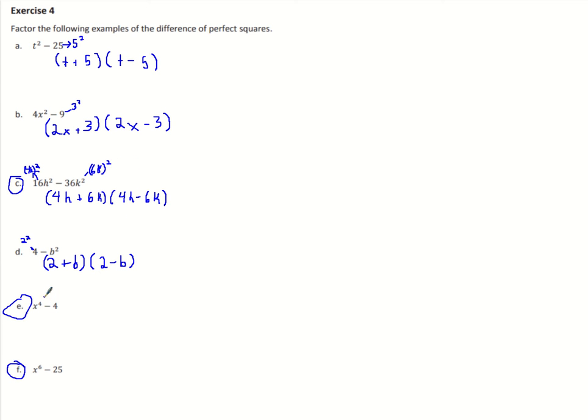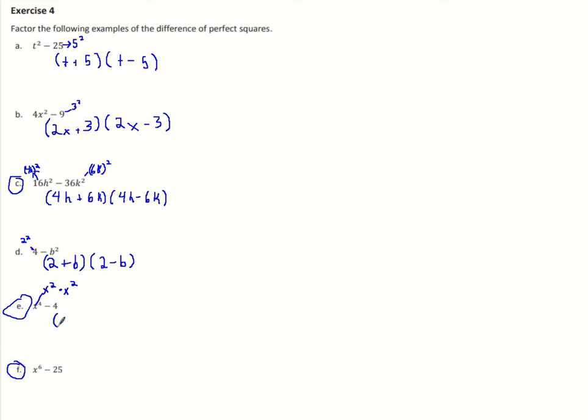Part E might have given us a little bit of a problem because instead of having something squared, we have something to the 4th power. But something to keep in mind is that x to the 4th, I could say is x squared times x squared, or x squared squared.